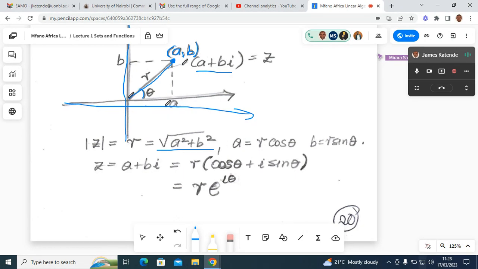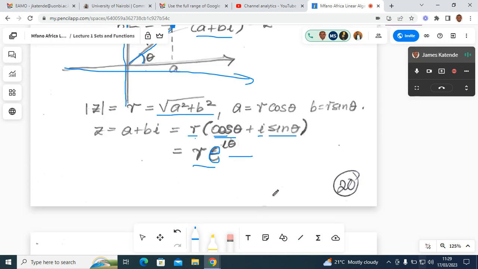And using trigonometry, you can show that a is the same as r cos theta, and b is the same as r sin theta, and therefore you can write this as r multiplied by this expression in the brackets, cos theta plus i sin theta. And this expression in the brackets now can be written as e raised to i theta. So this is called the polar form of a complex number.